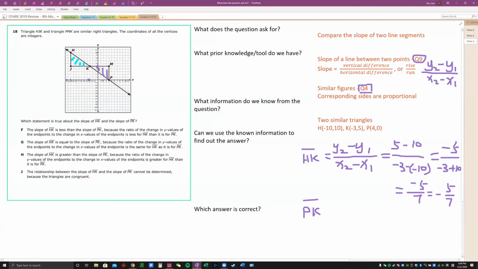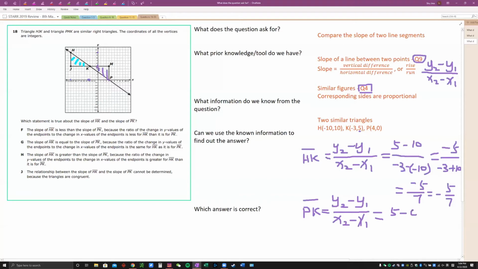Now let's calculate for the line PK. P, the x value is 4, and the y value is 0 because the point P is right on the x-axis, so the y coordinate is 0. So y2 minus y1 divided by x2 minus x1. K is the second point, so y2 is the y of K, which is still 5, minus the y value of point P, which is 0.